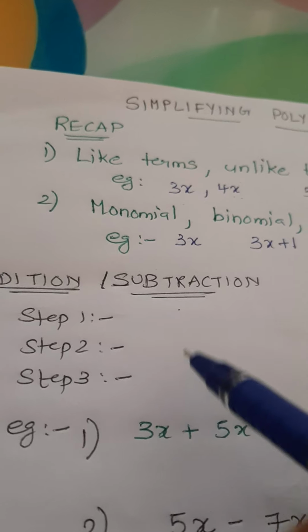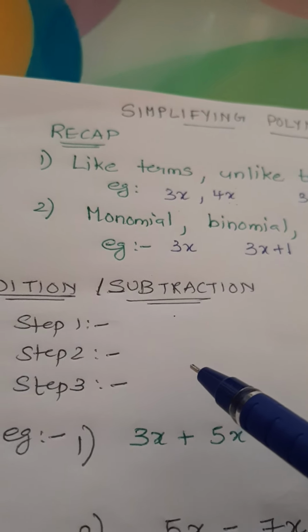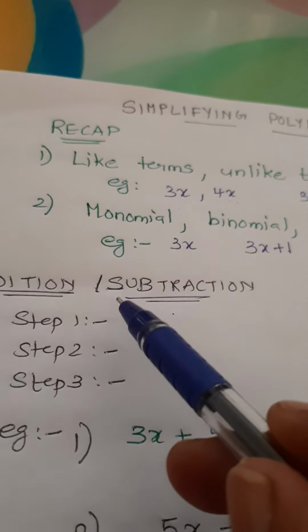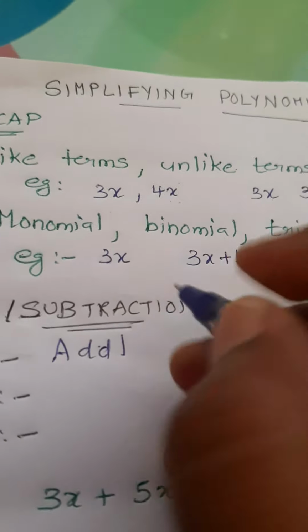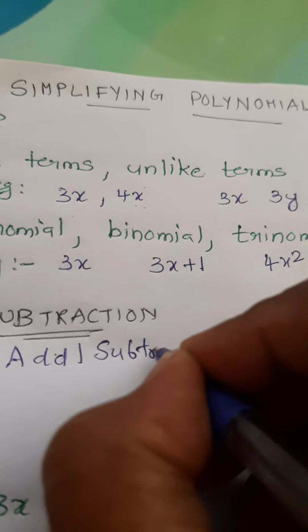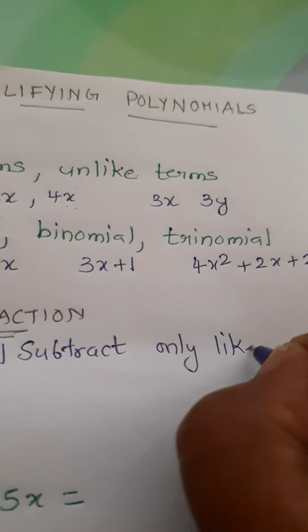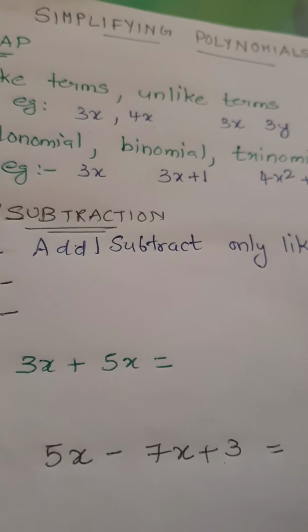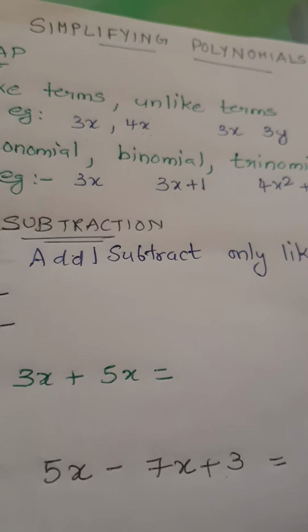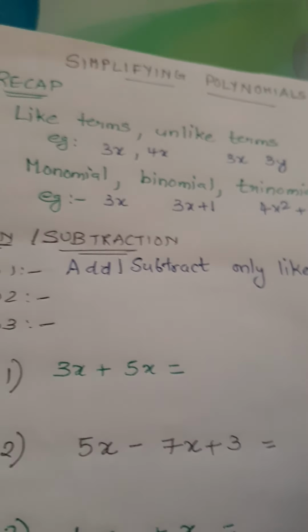We have a few steps which we should keep in mind before adding or subtracting polynomials. The first step is that we can add or subtract only like terms. We cannot add or subtract unlike terms. That is, the variable part should always be equivalent or same.